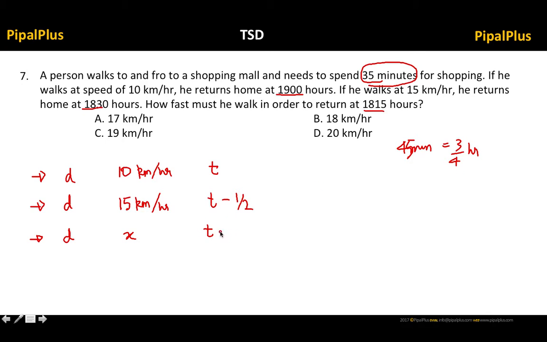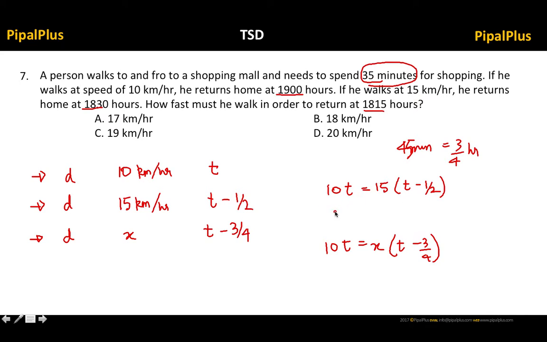So we are talking about these three situations. Again, just like the previous question, because the d's are all the same, we are going to use S1 T1 equals S2 T2. So the first equation is S1 T1 equals S2 T2, and the second equation becomes S1 T1 equals S3 T3. From the first equation we can easily solve for t.